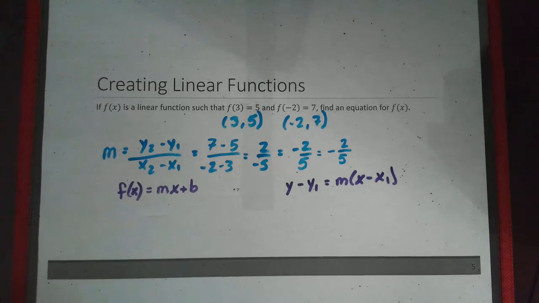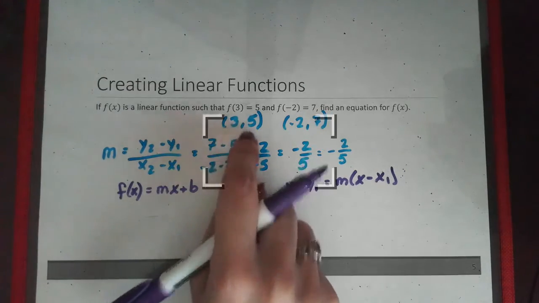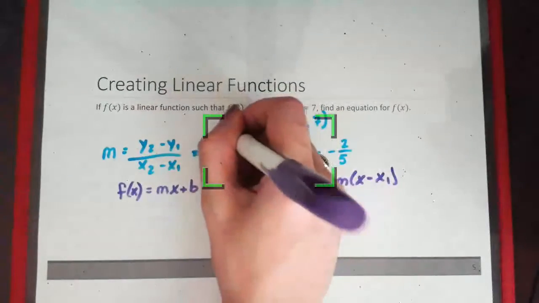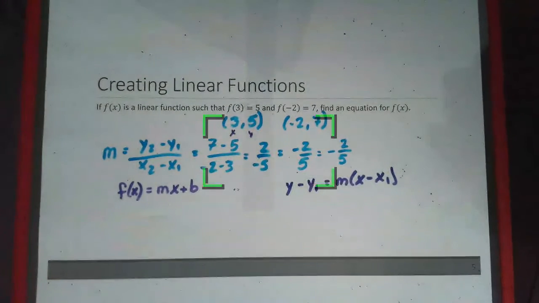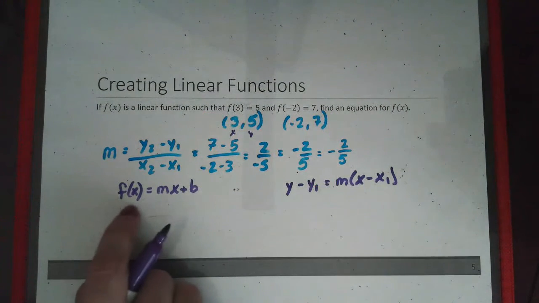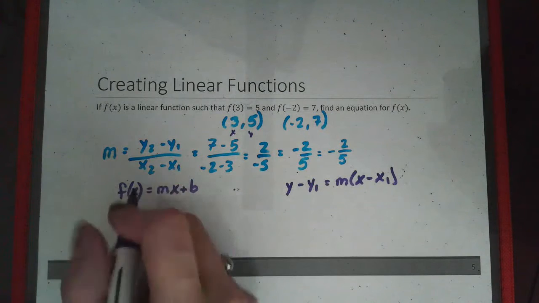So here we're looking at f of x equals mx plus b. I need to pick a point on this line, and I need to use my slope. So I'm going to work with 3 comma 5. That is an x value and a y value. And I know that my slope is negative 2/5. So f of x, or my y value, is 5.